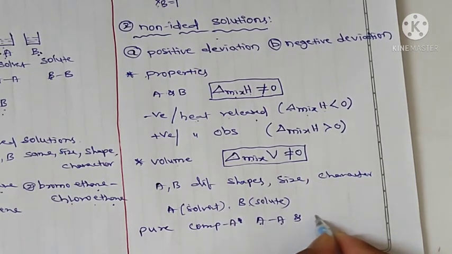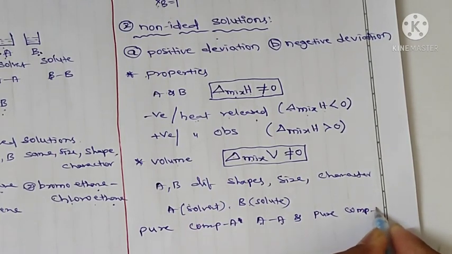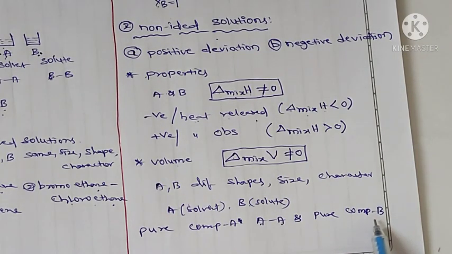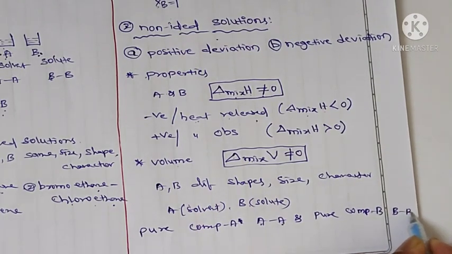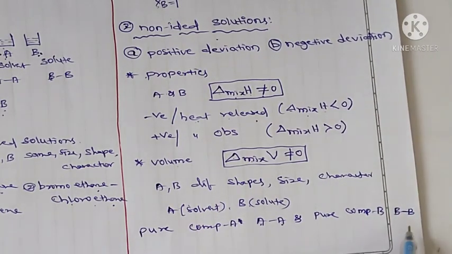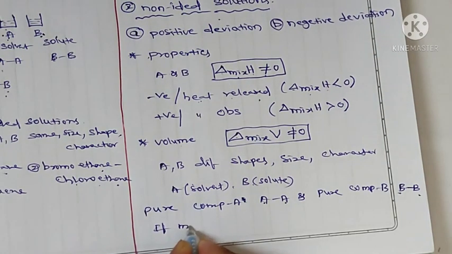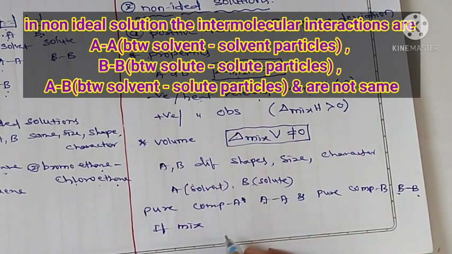And in pure component B, the intermolecular attractive interactions are B and B, meaning the attractive interactions between solute and solute. If we mix both components to get the solution, in that solution we have three types of interactions.